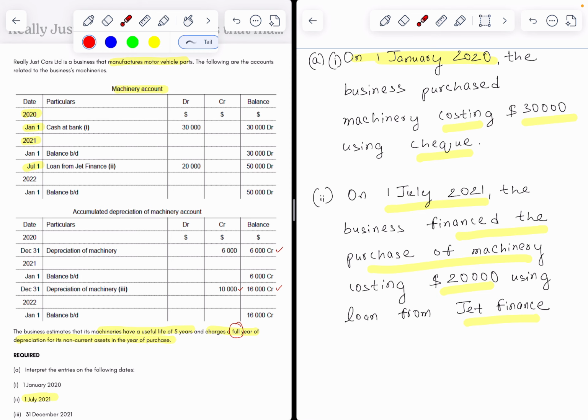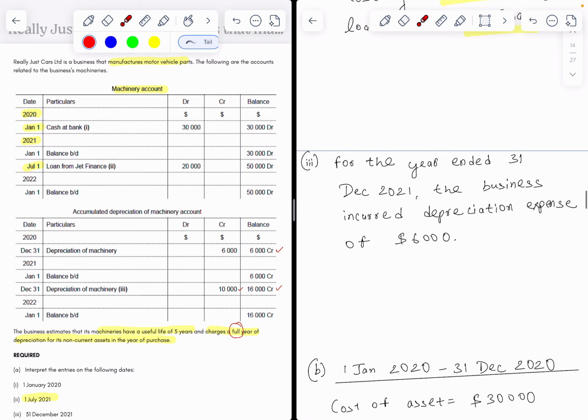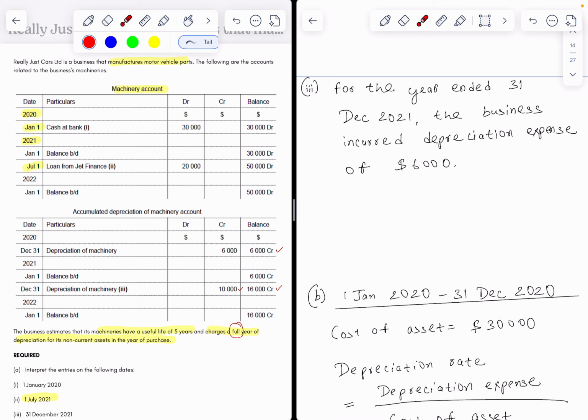All right. So what about the next date, which is 31st of December 2021? On the 31st of December 2021, which is only given in the accumulated depreciation of machinery account, we can see that depreciation expense for the year ending 31 December 2021 is $10,000, and that is what is recorded here.